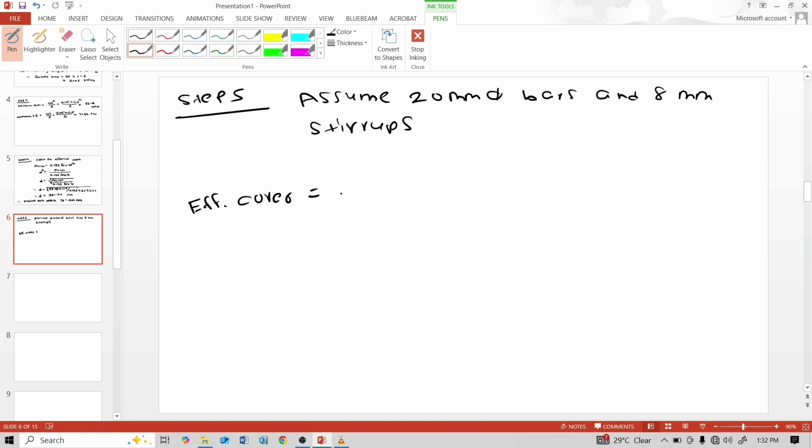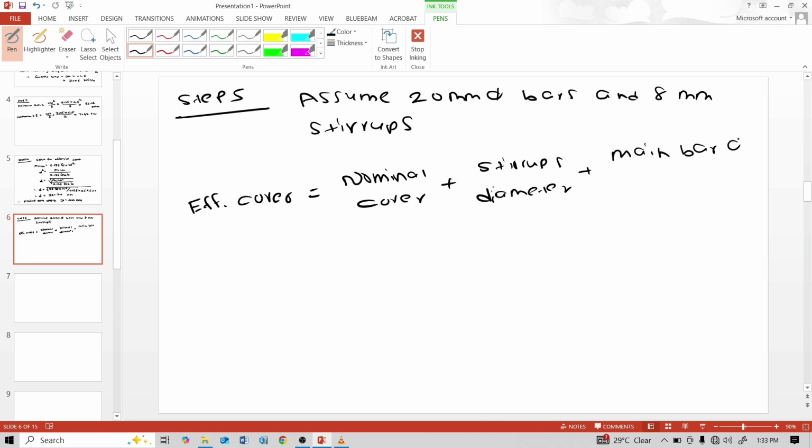Effective cover is nothing but the nominal cover plus stirrups diameter plus main bar diameter divided by 2.